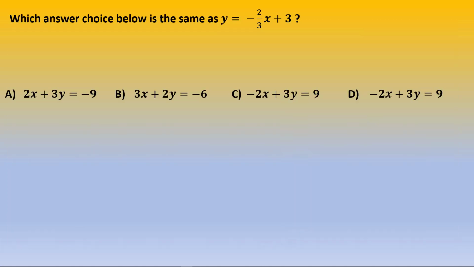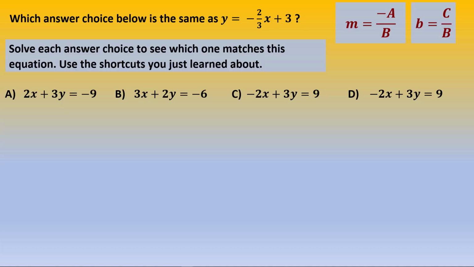This question says which answer choice below is the same as y equals -2 over 3x plus 3. We're going to solve each answer choice to see which one matches this equation. Use the shortcuts you just learned about. M equals -a over b, and b equals c over b. In choice A, we identify a, b, and c as 2, 3, and -9.